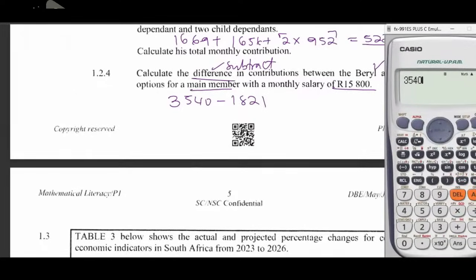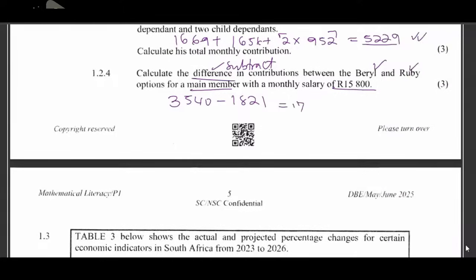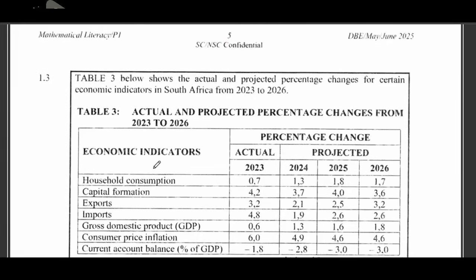Please just go straight forward. So the difference is 1,719. Then we continue and we see 1.3.